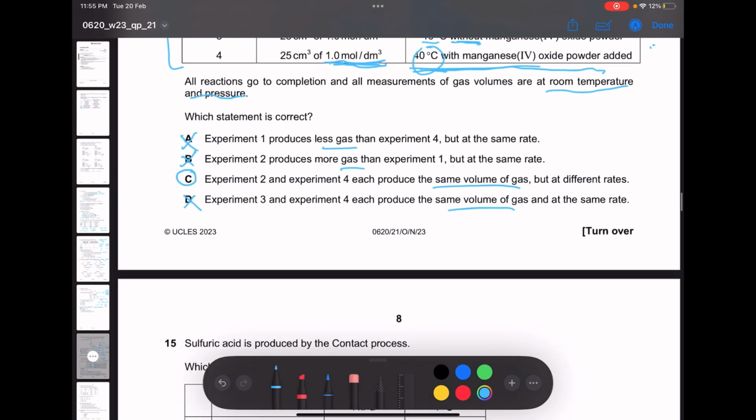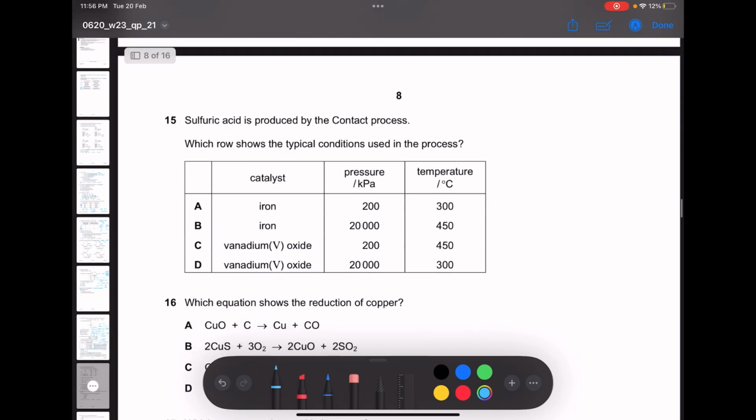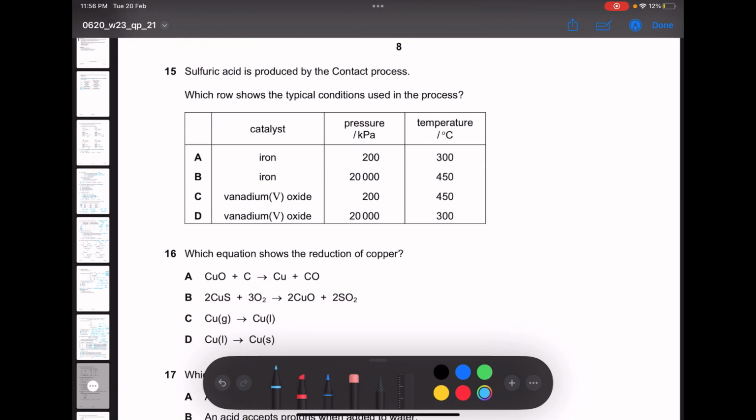Sulfuric acid is produced by the contact process. Which row shows typical conditions used in the process? The catalyst is vanadium(V) oxide, so between C or D. Now we know that the temperature is 450, it's not 300.